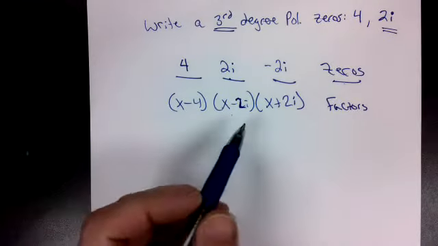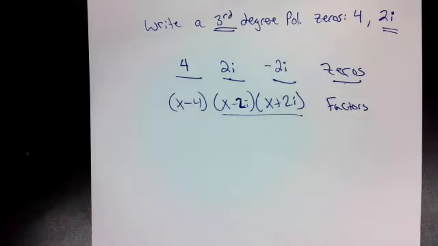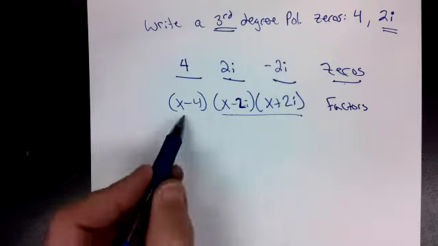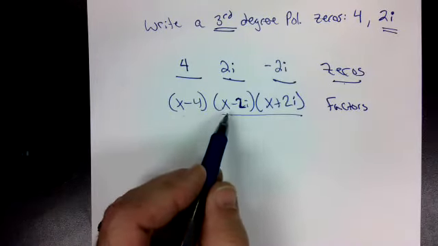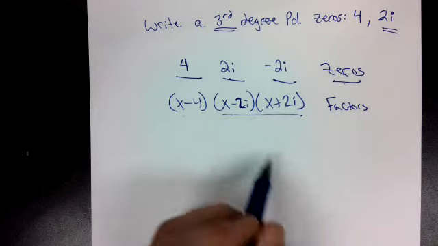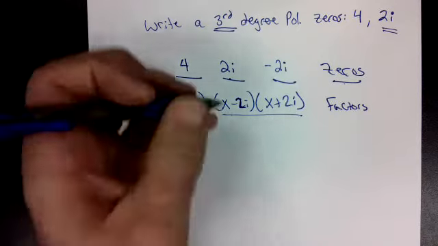Okay, and then again, I'm going to multiply these two first because they're my conjugates. I could multiply these two guys first, but then I've got to deal with more imaginary numbers. This is where stuff is going to cancel. This is going to be a better problem to start with.